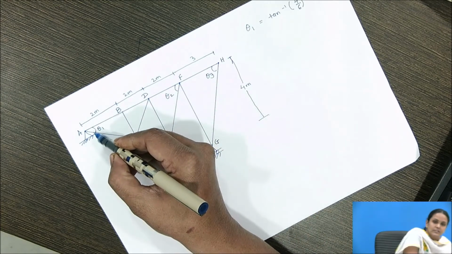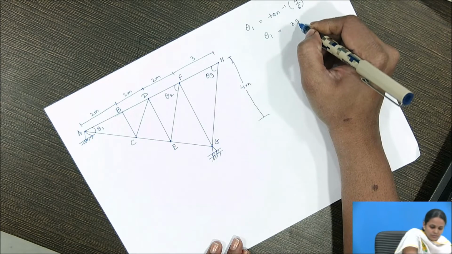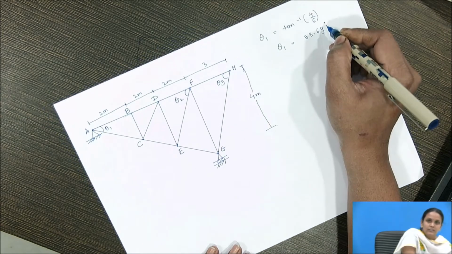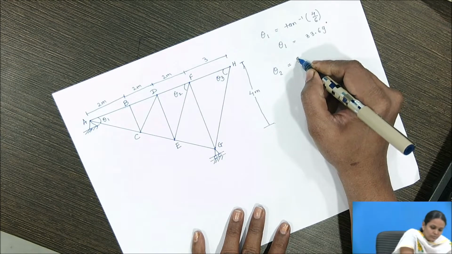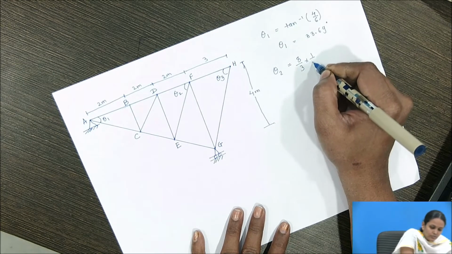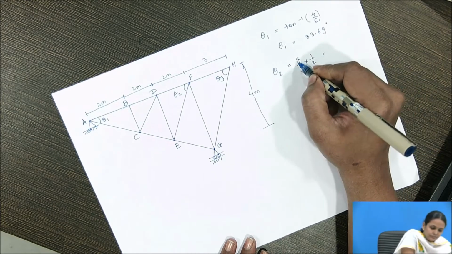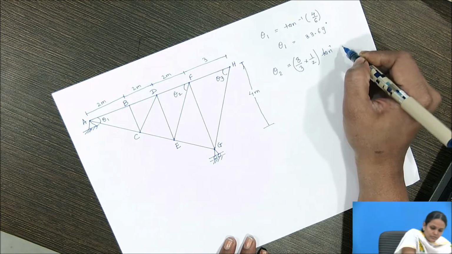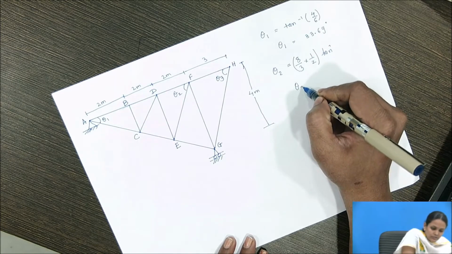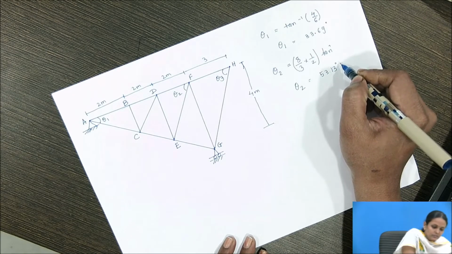So we get theta 1 equal to 33.69 degrees. Then theta 2 is tan inverse of 8 by 6, so we get theta 2 equal to 53.13 degrees.